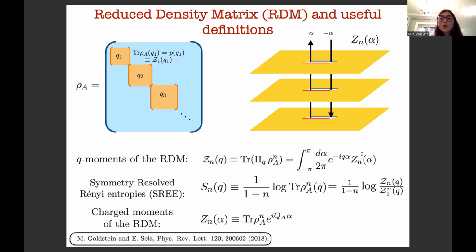And these charge moments can be seen as a partition function on an n-sheet Riemann surface again, but now with the insertion of a flux, in such a way that when the field goes around the entire surface, it will pick up a phase alpha.